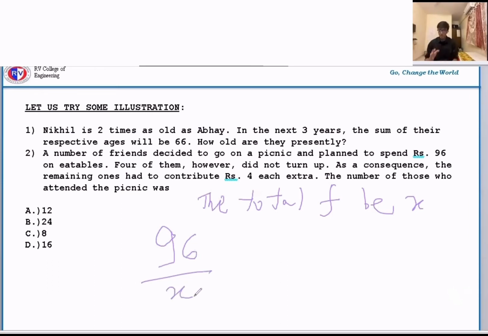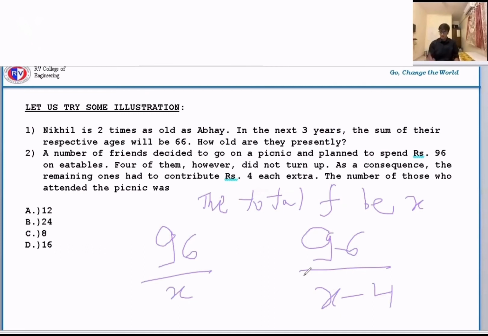I'm pretty sure that you will not have any problem understanding this equation. Now, in the second part, it is written that 4 of them, however, did not turn up. This means that the total number of friends now is reduced by 4. Therefore, we'll get x minus 4. And in the numerator will be 96, as I want the share among those friends who turned up to the trip. So that will be 96 upon x minus 4.